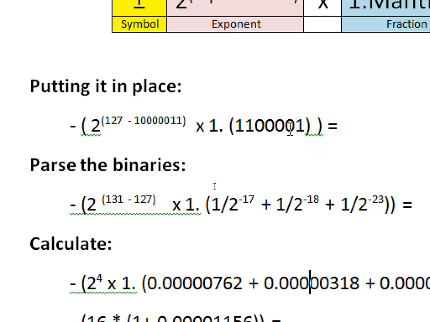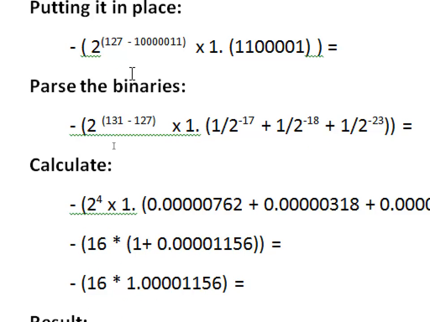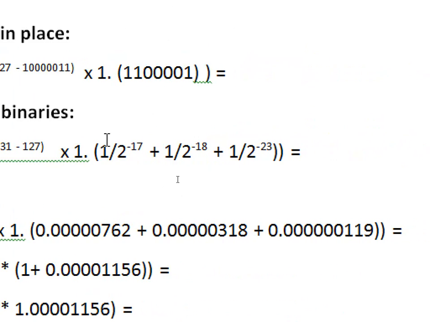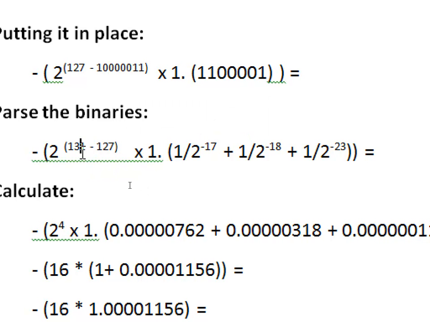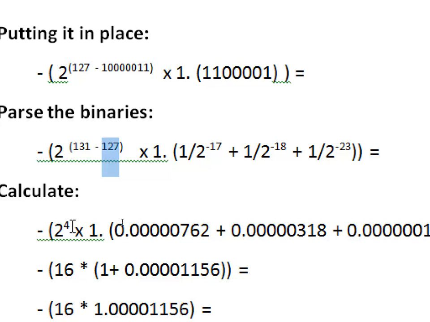So if we put it all into decimal numbers, this would be the result. We have this number of the exponent representing 127. Sorry, 131. And that means that the value here will become 4.